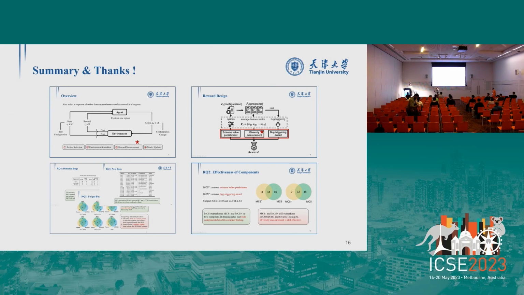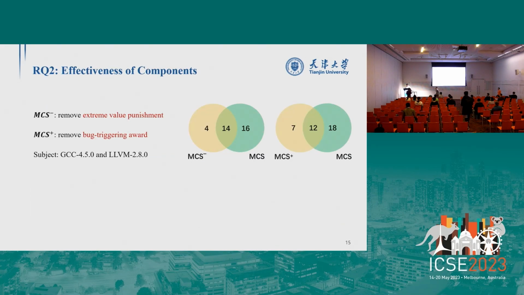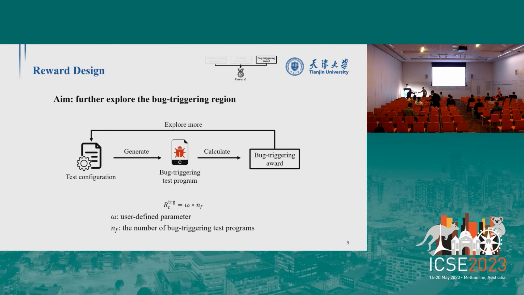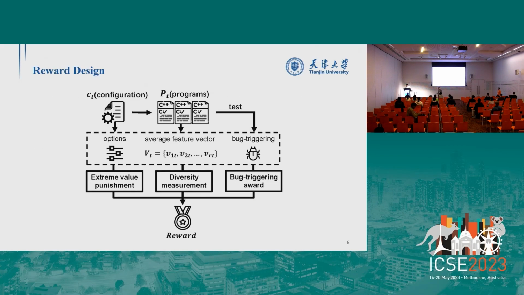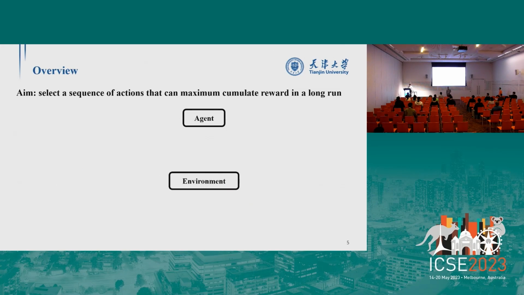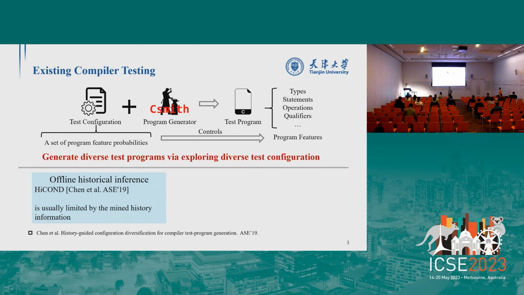Any other questions? Yeah. Thanks for your talk. I want to know which language features you extract from a given program. Let me see. Here, the variable types, the type of statements, the type of operators, and the type of qualifiers, according to the occurrence time of the corresponding program features.